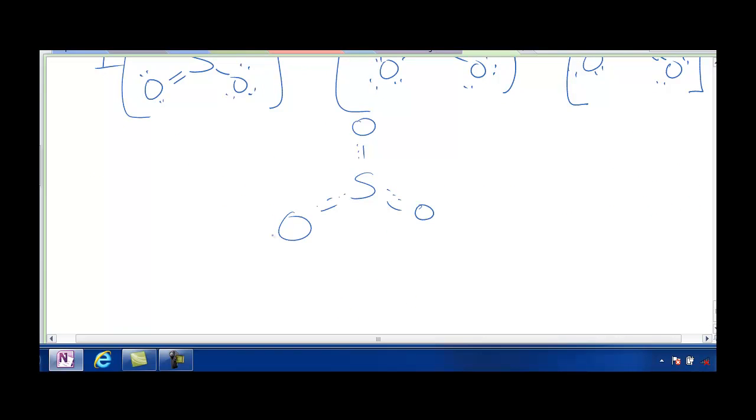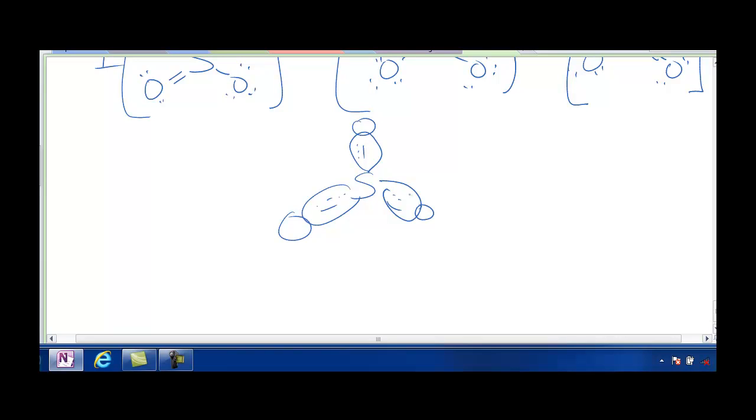Now let me ask you, what kind of shape do you think this guy has? How many regions of negative charge around the central atom do I have? So I'm looking at the central atom. That's the guy that's directing the bonds to my peripheral elements, the ones outside.